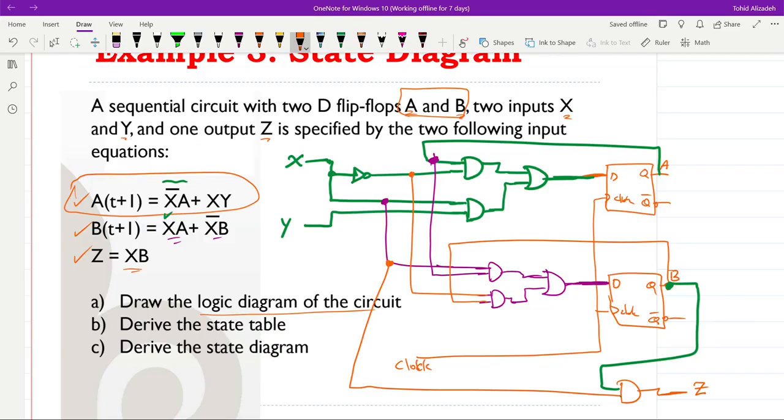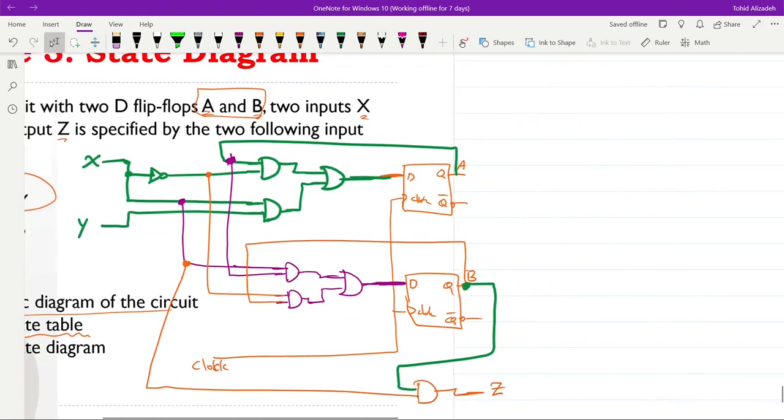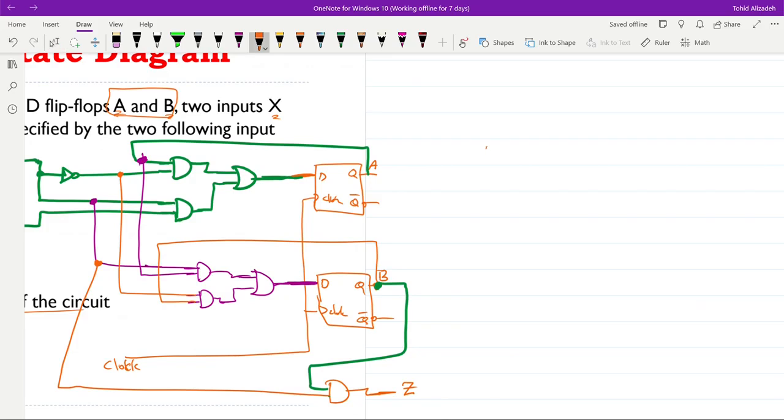As the next step, we need to derive the state table. In order to derive the state table, we need to look at the state variables A and B, and we also have 2 inputs, x and y, we can consider it in this way.